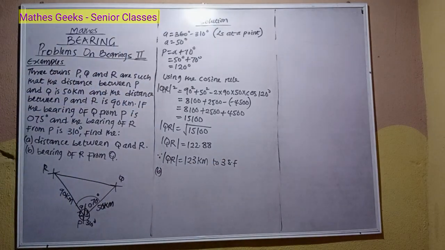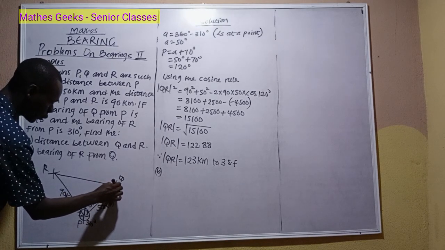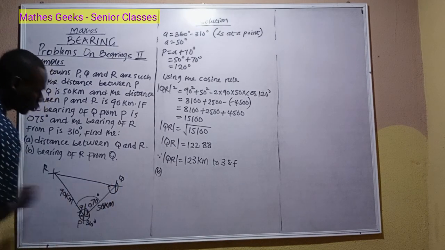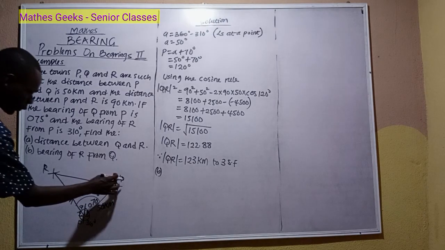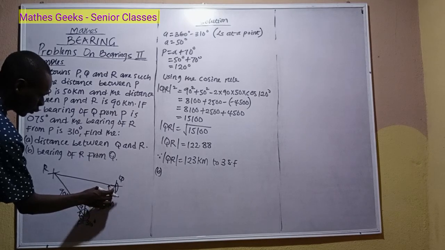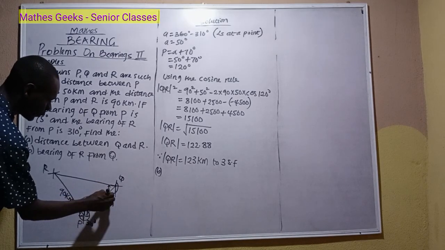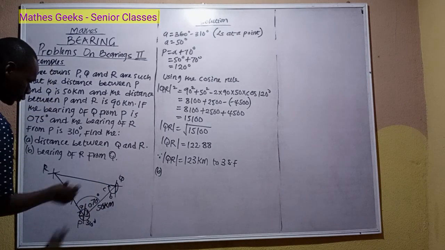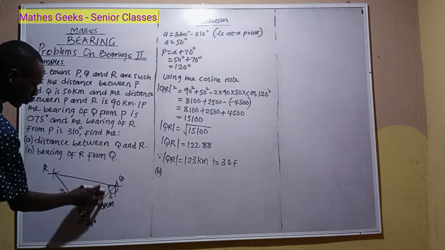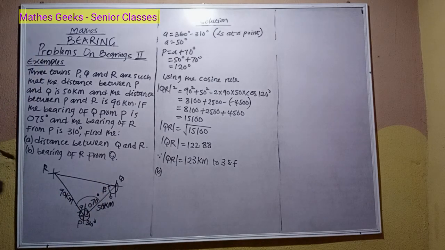B. Bearing of R from Q. The bearing of R from Q will be from here like this. We need two things already from the north to the south, 180 degrees. So here we call it A, here we call B, and let me call here beta, angle beta. Though it's angle Q, let me just indicate it by beta.